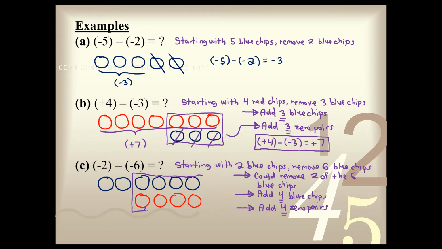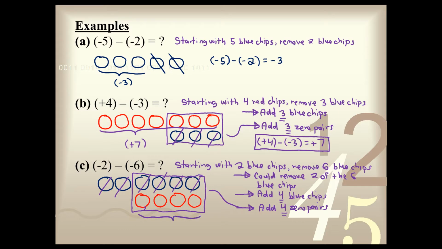Sorry, it's not doing a very good job drawing a straight line here. Okay, so what I've done here is I added 4 0 pairs. And now can I complete the statement? Starting with 2 blue chips, can I remove 6 blue chips? Yes, you can, because you can now remove 1, 2, 3, 4, 5, 6.